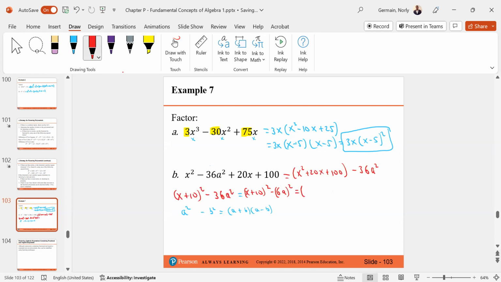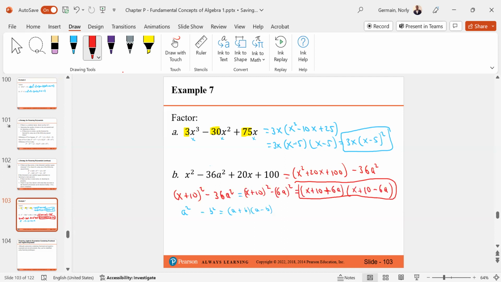So that means I can do x plus 10 plus 6a times x plus 10 minus 6a. And that would be my beautiful final answer. I believe I did one example of each to really help you complete this.